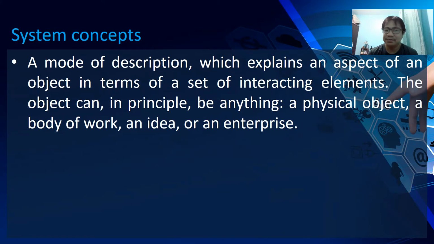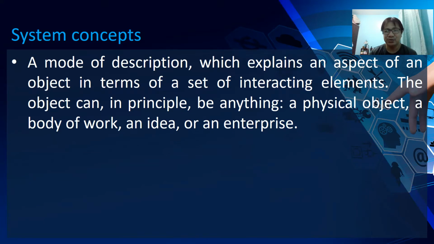Then we have system concepts. The system concept is a mode of description which explains an aspect of an object in terms of a set of interacting elements. The object can, in principle, be anything: a physical object, a body of work, an idea, or an enterprise.